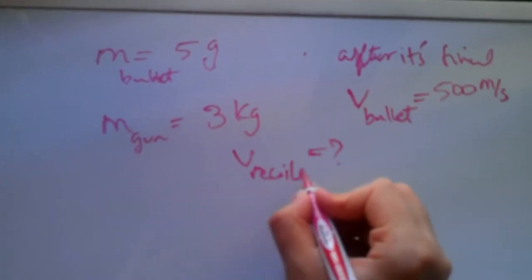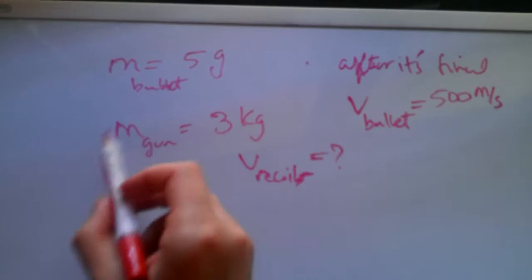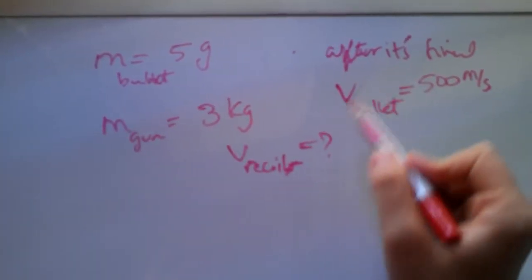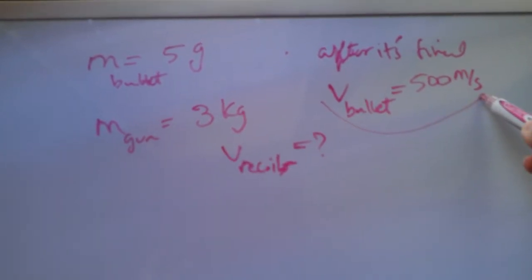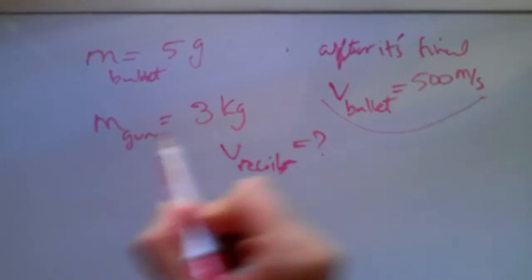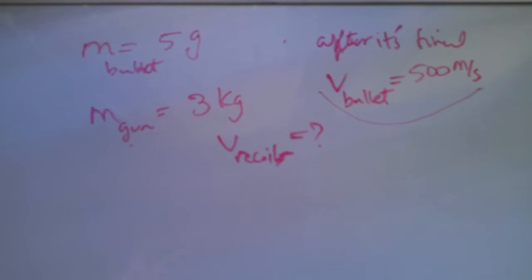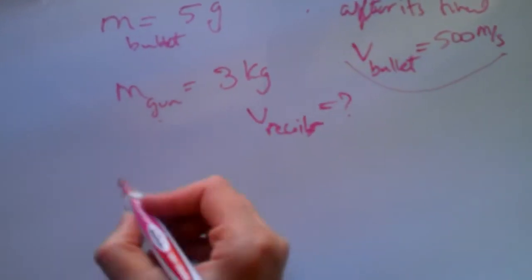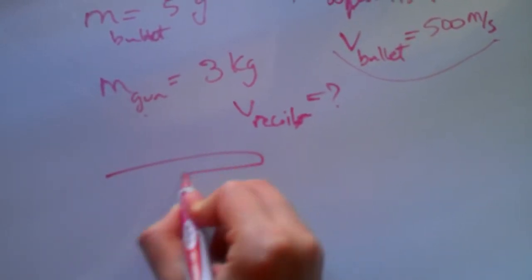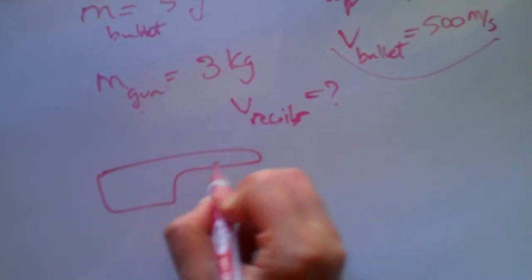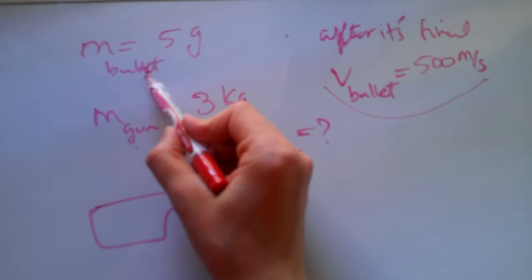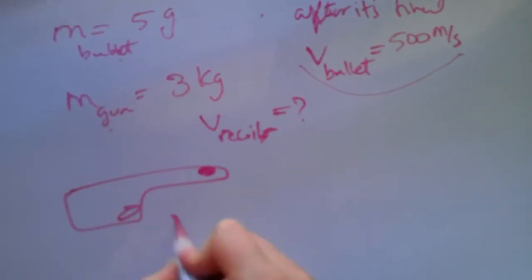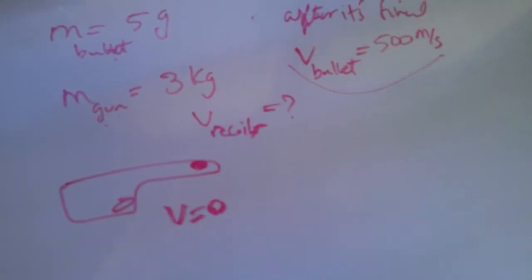Okay, so basically we know the mass of the bullet, we know after it's fired the velocity of the bullet is 500 meters per second, we know the mass of the gun, and we are solving for the recoil speed of the gun. So this is how the whole thing looks. Before the bullet is fired, the bullet is inside the gun and they are both sitting at rest, at a velocity of 0.